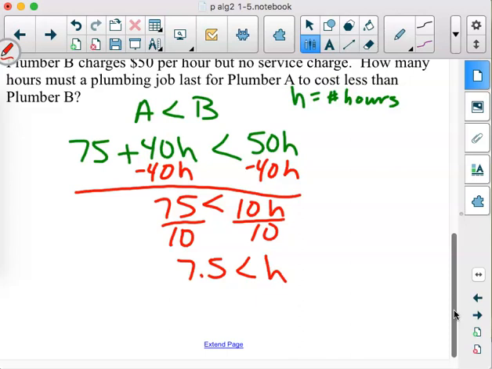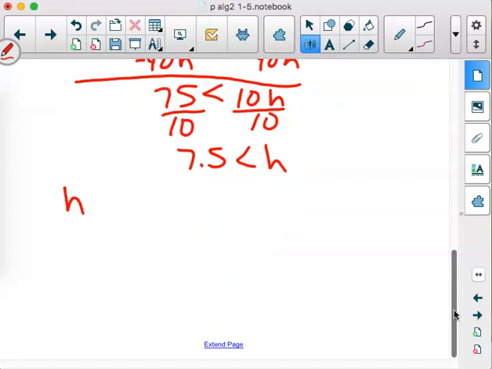Now here's the problem. While we solved that, we put the variable on the wrong side. Well, like I told you before, what we have to do is flip everything so it'll make sense to us. And because it's a word problem, we really need to write a summary sentence here saying, okay, this is what's going on.